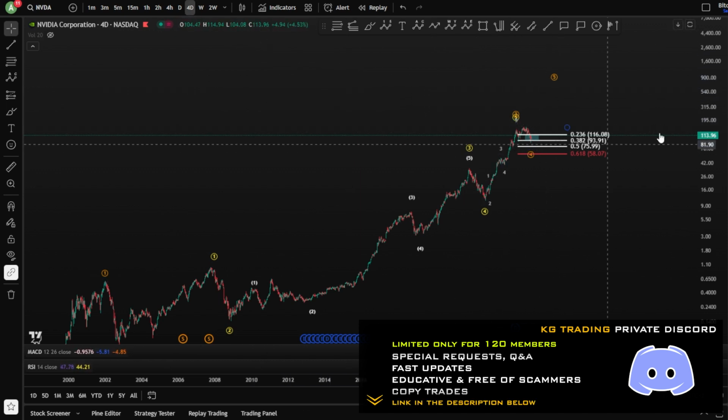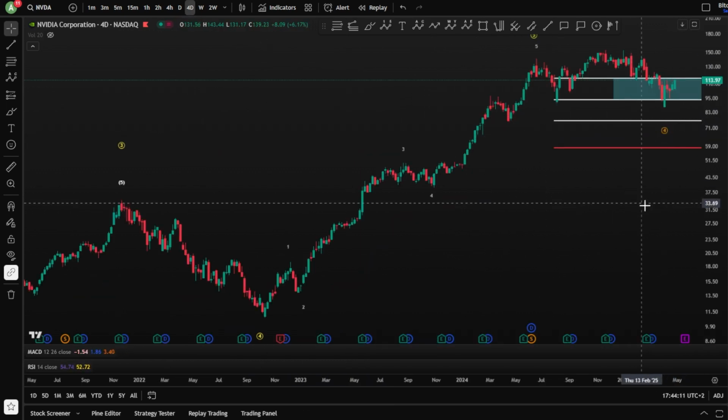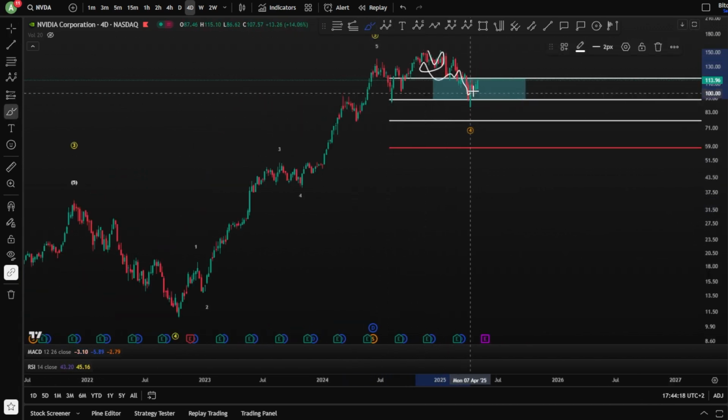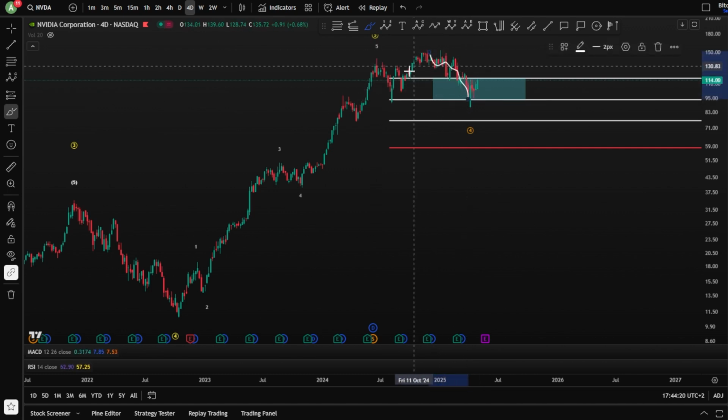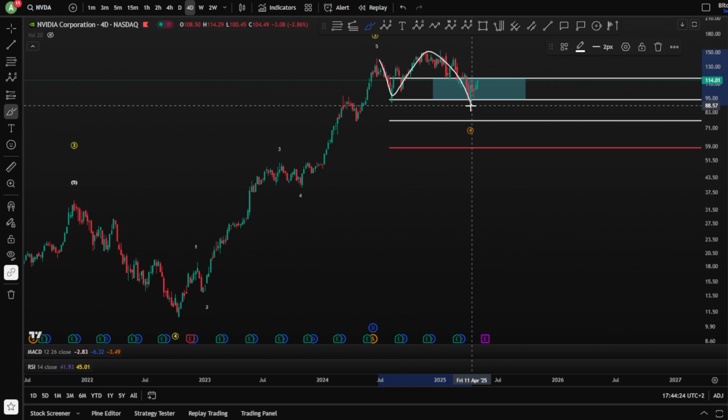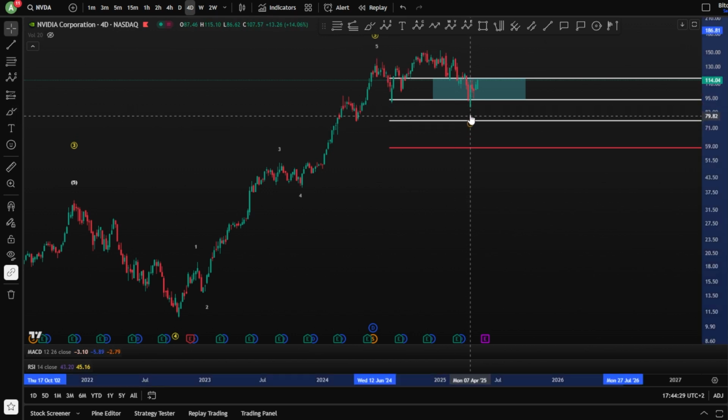Now, if we move inside it, we can see that we have bottomed exactly in the blue box as expected between those fib levels. Now, it doesn't matter what this correction here is. It is very choppy, I know, but at the end, it has hit perfectly the fib levels required in 3 waves corrective. This is all what we need to know sometimes in Elliott wave.